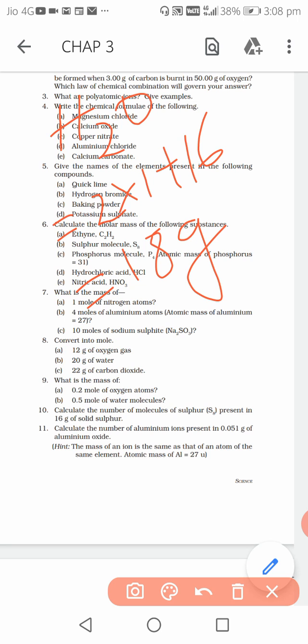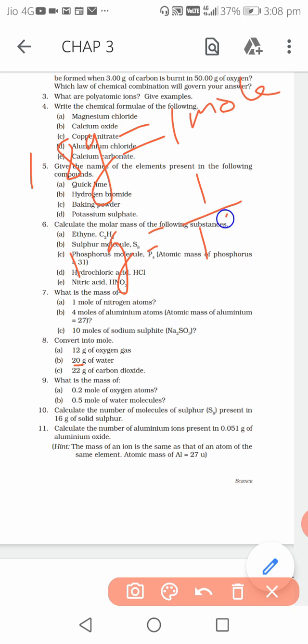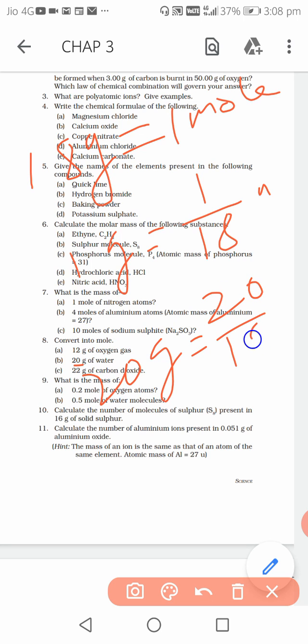Or in reverse, you can say 18 gram is equal to 1 mole for water. How many gram is given? 20 gram. So 1 gram is how much? By the unitary method, 1 by 18 moles. Then 20 gram will be 20 by 18 moles. You calculate this value.